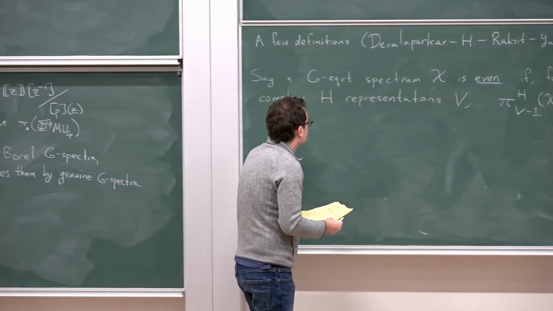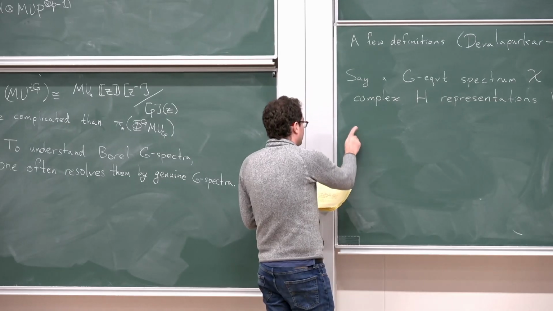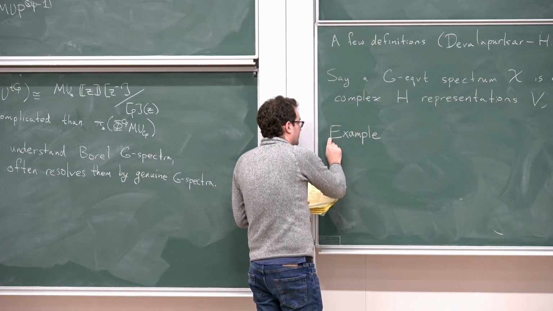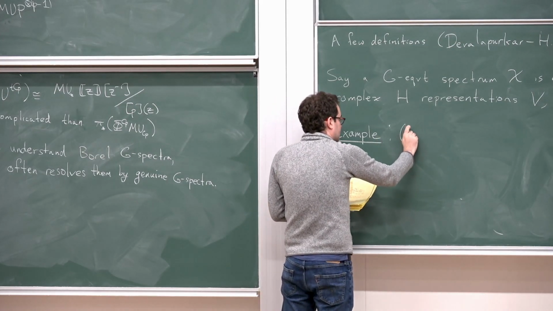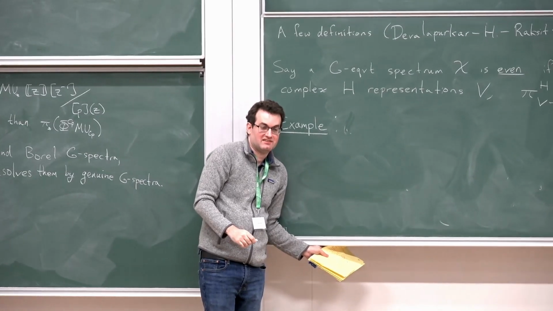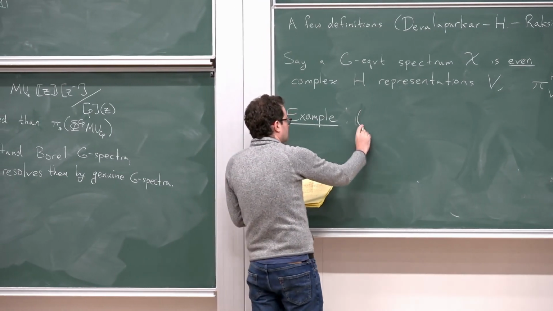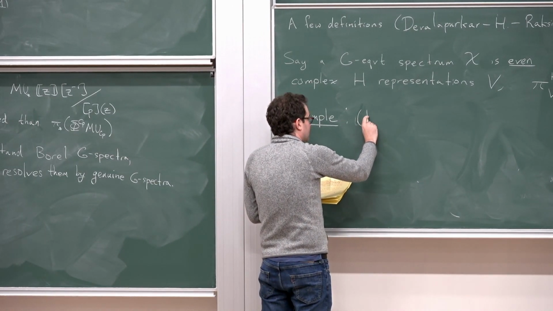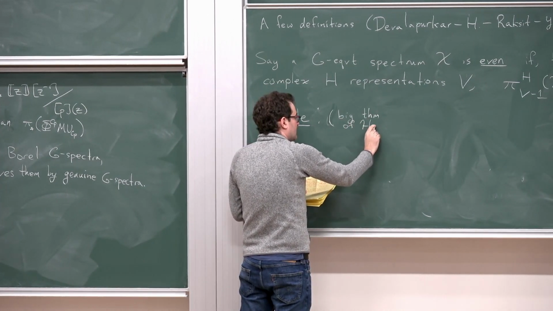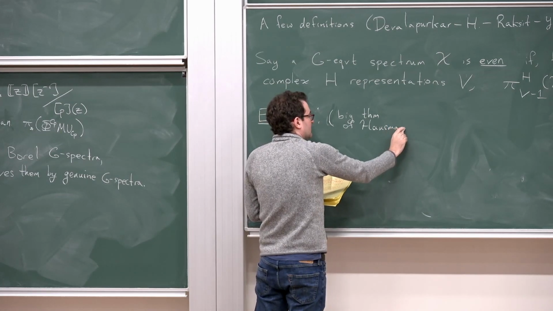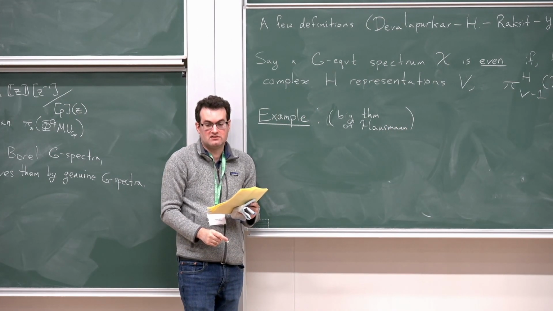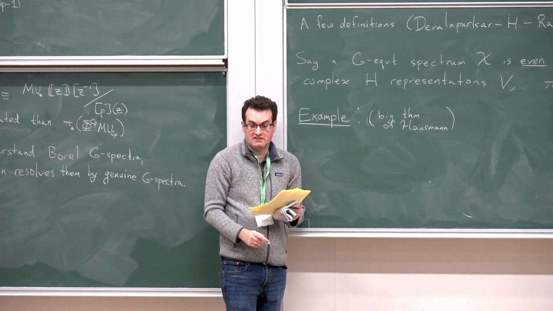And there's a very important example to keep in mind here. Let me allow virtual representations. I'm calling it an example, but it's a big theorem of Haussmann. Do you really want virtual representations? Because otherwise you don't need to go minus 1. No, I mean complex representations.